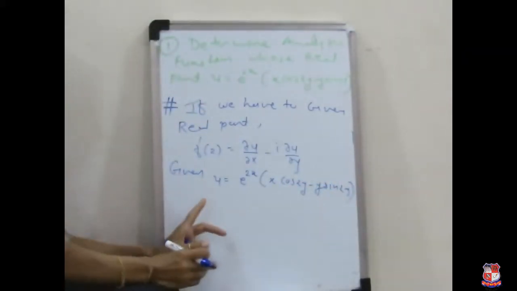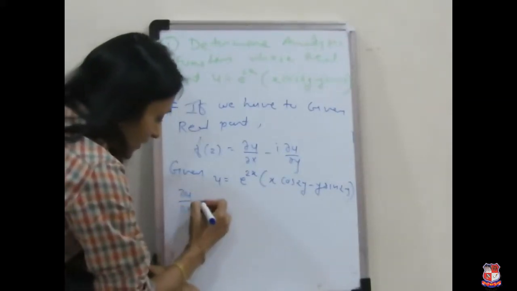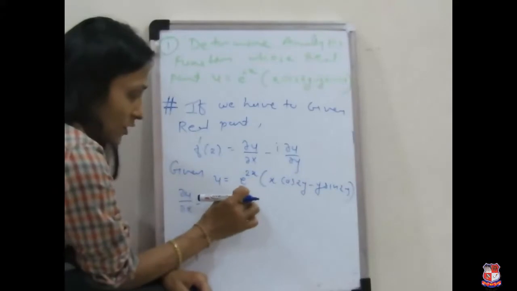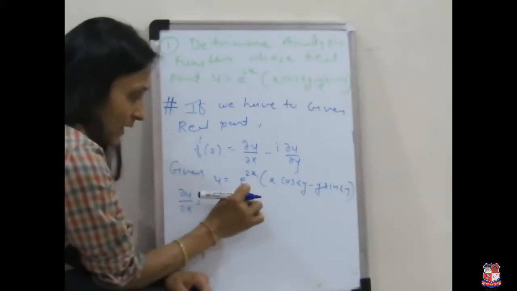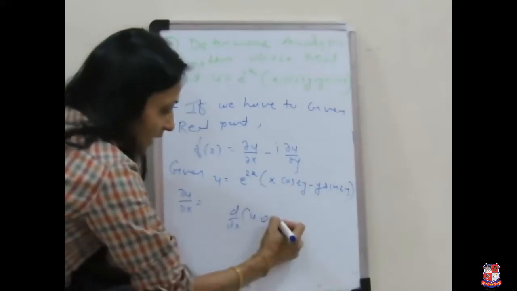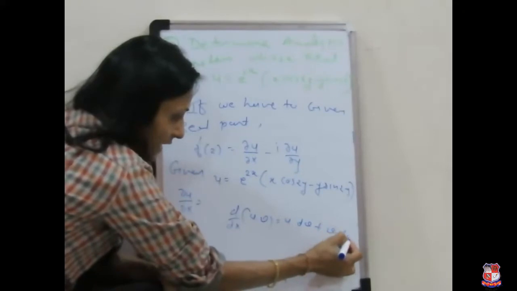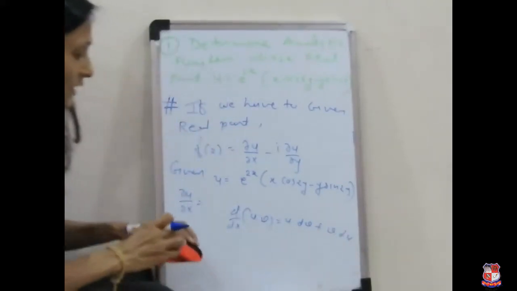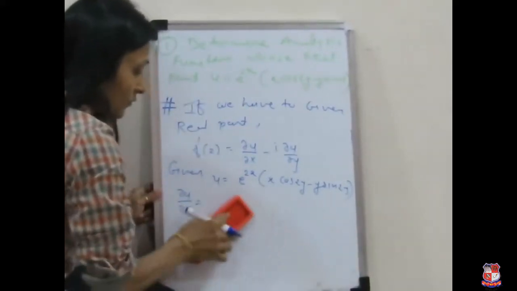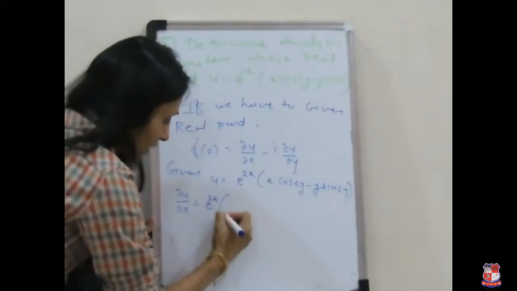Now we take the derivative with respect to x. What is del u by del x? We use the product rule, d by dx of u times v, that is u as it is times the derivative of v plus v as it is times the derivative of u. First, e raised to 2x is a constant.